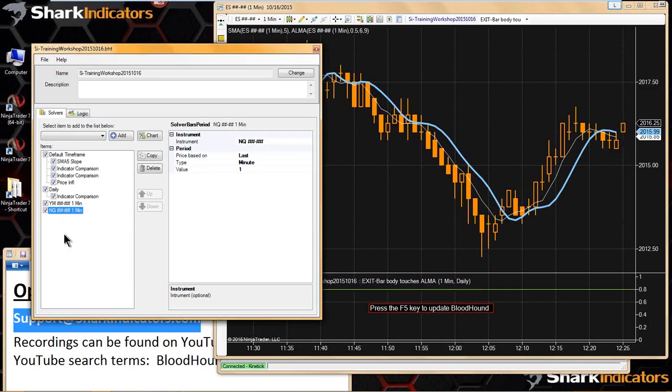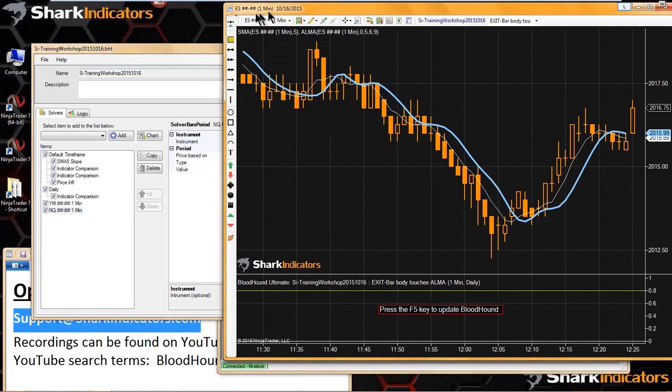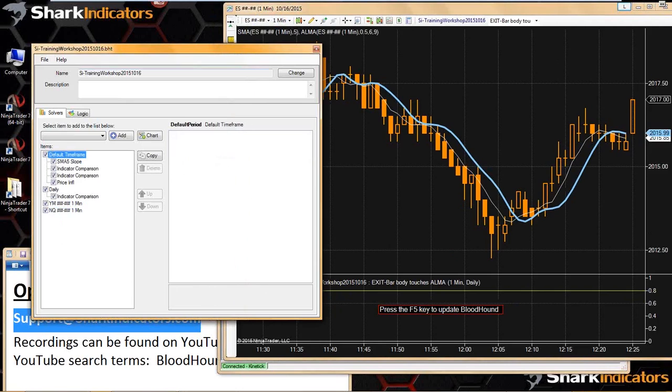So one thing I would suggest to minimize CPU usage: my chart is an ES 1 minute, so my default time frame is an ES 1 minute. The one thing I would recommend that you do not do is put a 1 minute chart on here if your default is already a 1 minute chart.